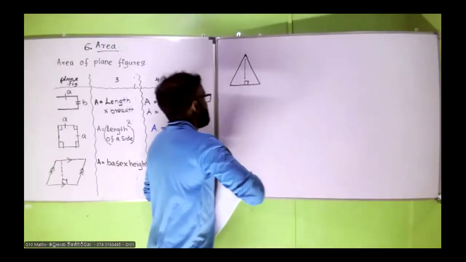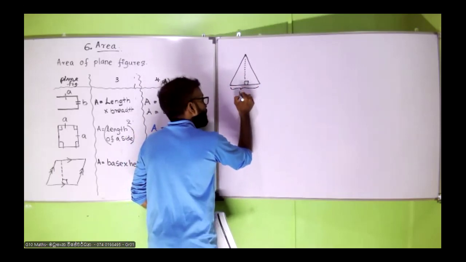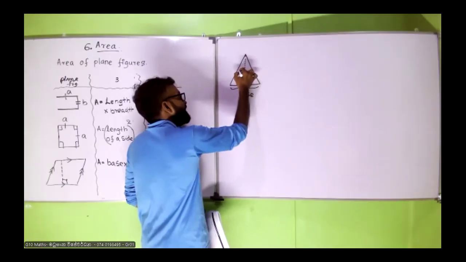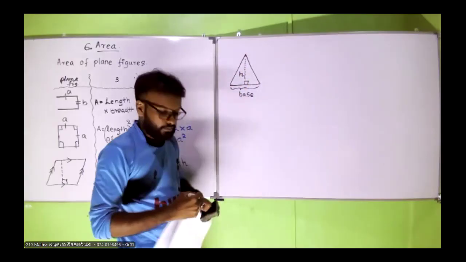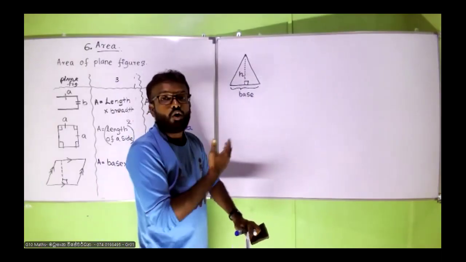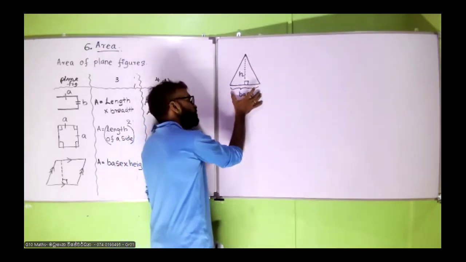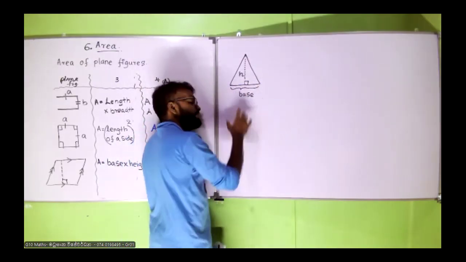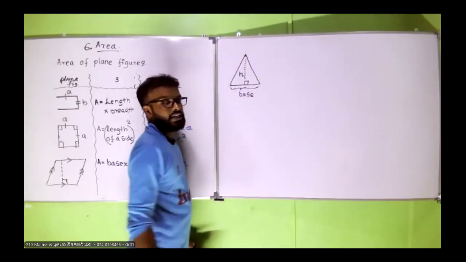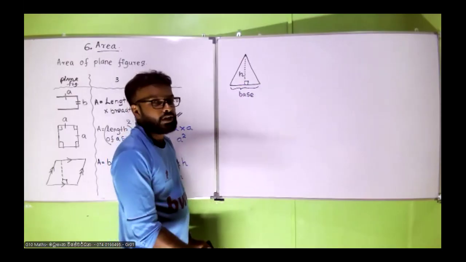So again you have this base and this is H, the perpendicular height or altitude. Altitude means the distance between this base and this vertex. We can also say perpendicular height.